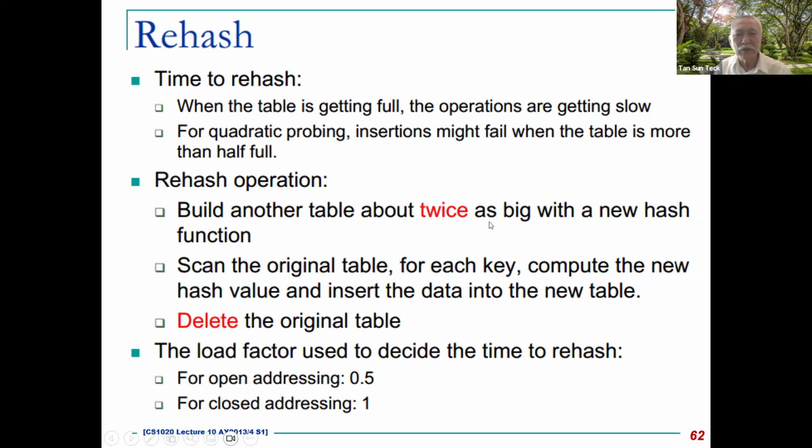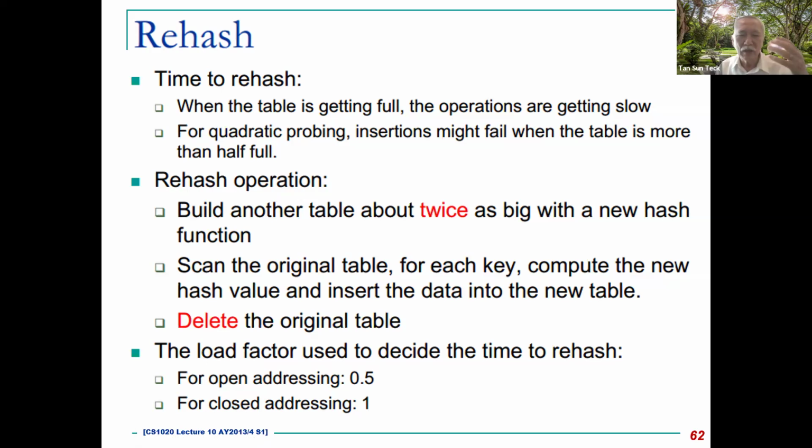So the rehash operation is this. You build another table that is almost twice the original table, and make sure that the table size is a prime number close to 2 to the power of something. And then we scan the original table. For each of the keys inside there, you compute using the new hash function and insert this data into the new table. And then you delete the original table.